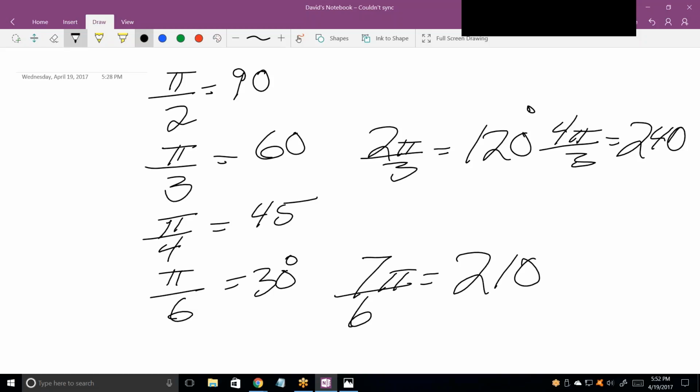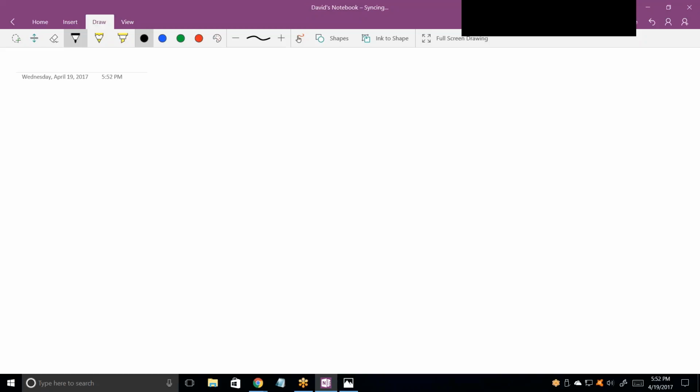Okay. Now, this works going from radians to degrees. To go from degrees to radians, go ahead and use the conversion that they give you. In other words, if I'm converting 90 degrees, then what is my conversion factor?